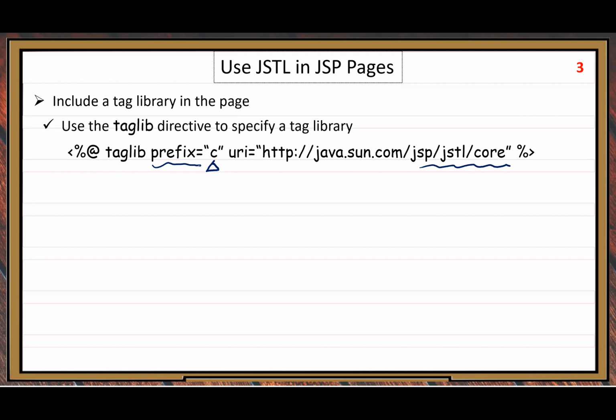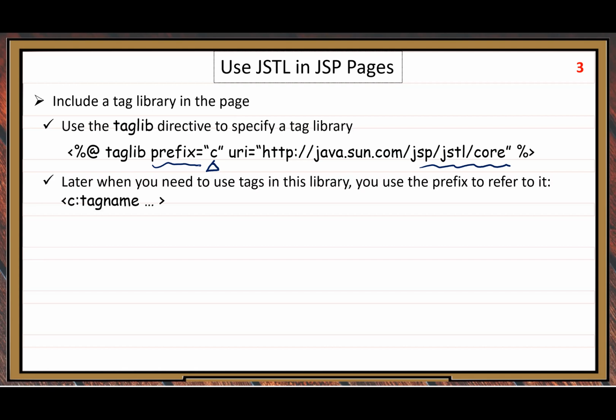After that, inside your JSP, you can use it. So later, when you need to use tags in this library, you use the prefix to refer to it in this way, c:tagname. Right? The syntax. You need to follow the syntax defined in the tag library. We just learn some examples. We do not study the whole document. We just learn by examples. All right.